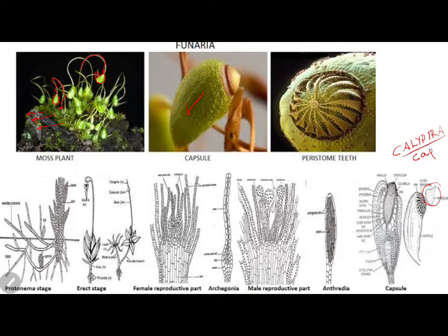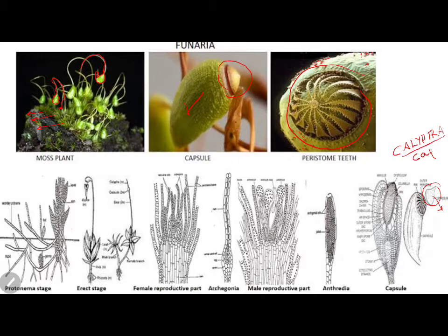The calyptra will fall off at maturity. It exposes the peristome. This is the close-up picture of the peristome, which is actually dispersing the spores. You can see spores resembling black mustard seeds on the capsule.